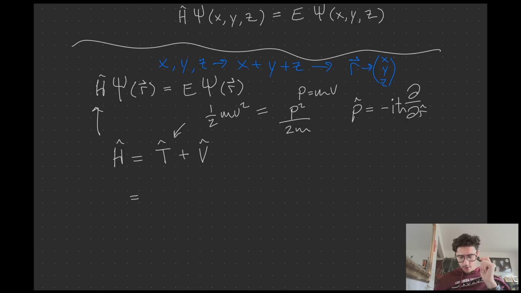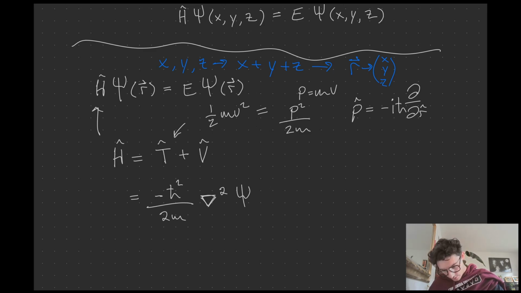So yeah, this is where the gradient or the Laplace operator comes in. So what we have here is momentum squared gives you i squared. This gives us minus h bar, is it h bar? H bar squared, I believe, over 2m. And then here we have the gradient operator squared.